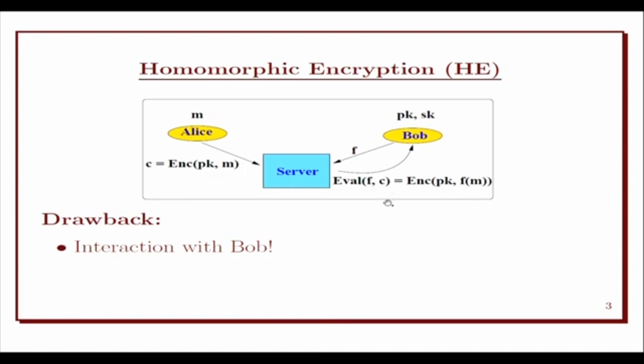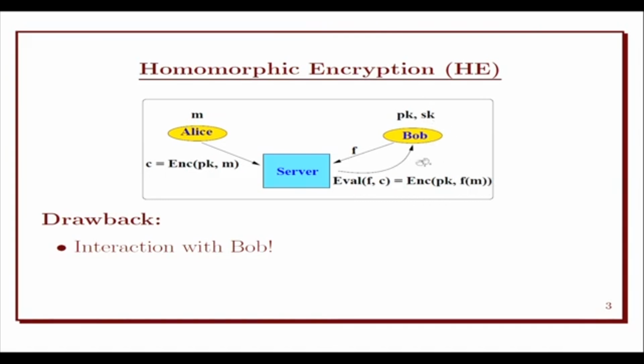Upon receiving this request f, the server will calculate f on the ciphertext; that is the eval operation. Eval generates the encrypted version of f of m under pk, the public key of Bob, and Bob has his own secret key.